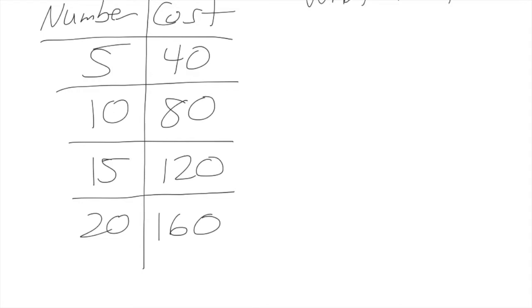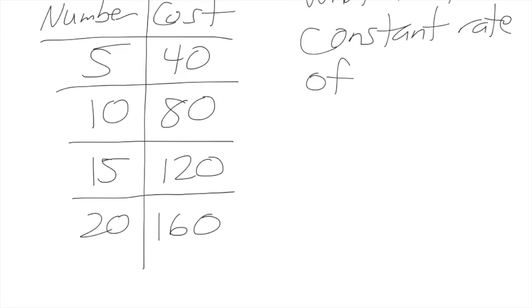So I want to know what is the constant rate of change. So let's look at how things change. How does the number of cars washed change? Well, from 5 to 10, it's a 5 change.